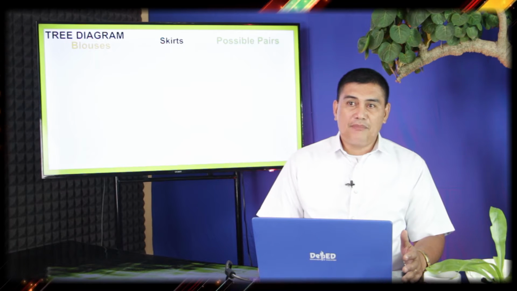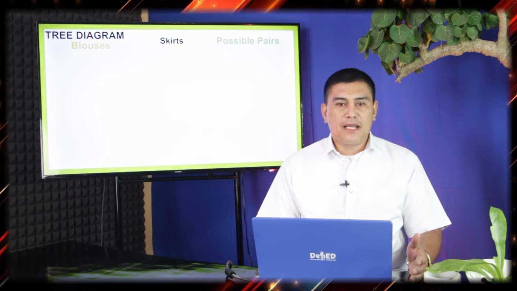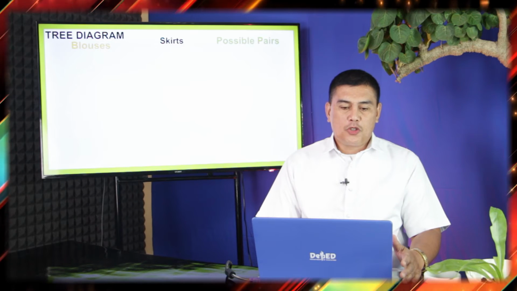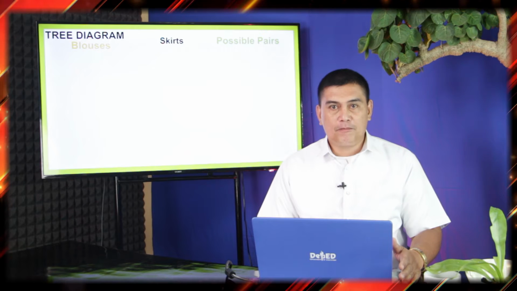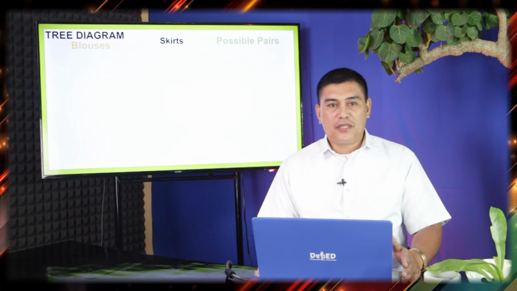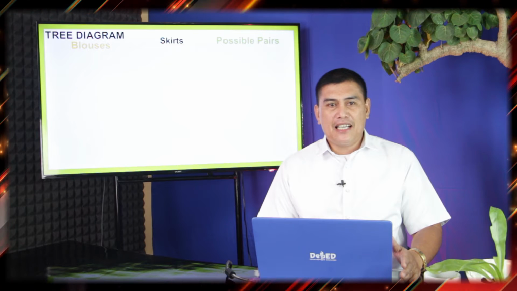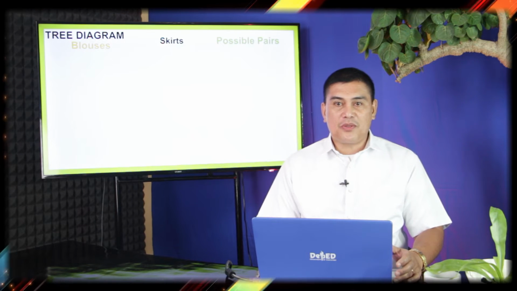Para hindi tayo mahirapan, dear students, ang pinaka-the best natin gagawin is to make a tree diagram. Okay. So, uunahin natin yung blouses. So, si Anna has 2 choices kung anong blouse ang susuotin niya.